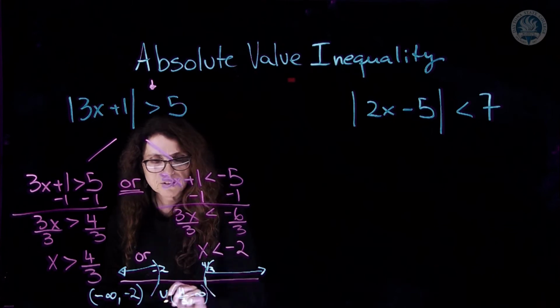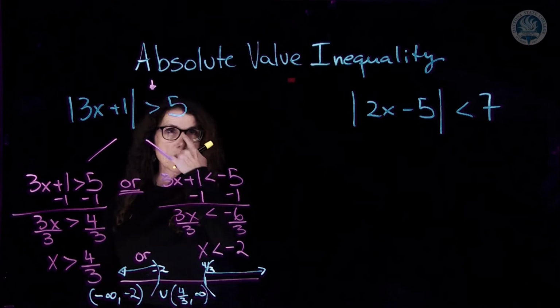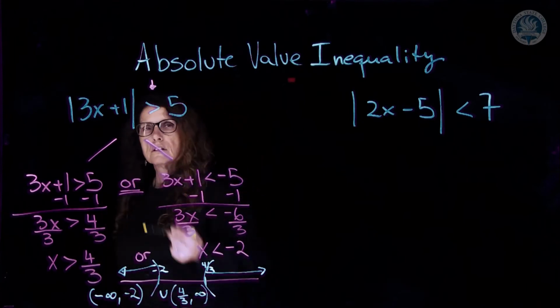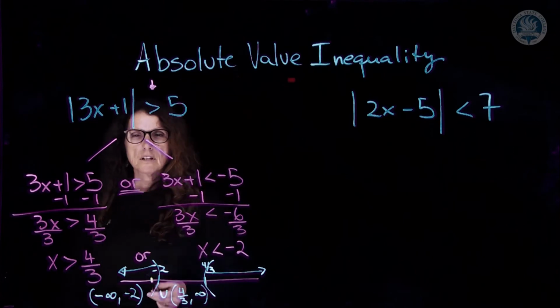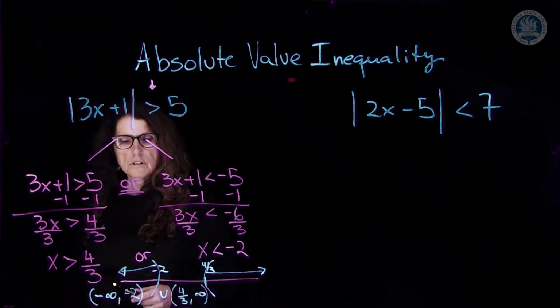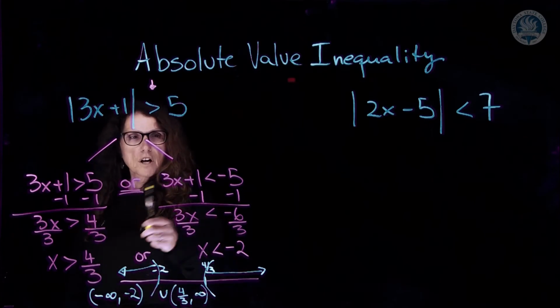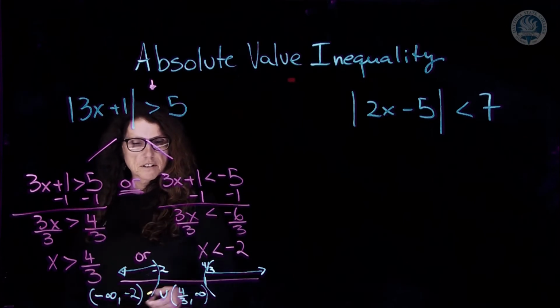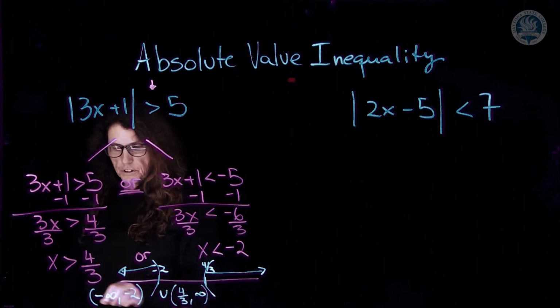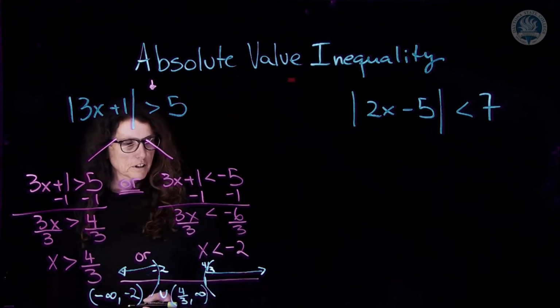At infinity. So when we have an absolute value inequality that has a greater symbol in between, what happens is it turns into an or problem. We solve the two inequalities, and then we write our solution according to our number line.